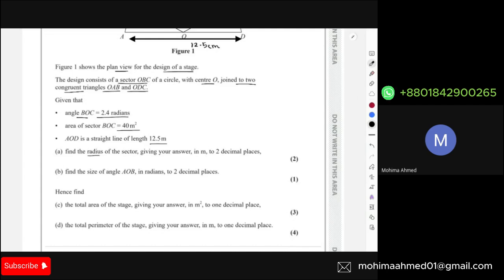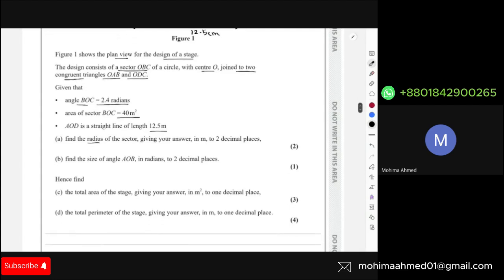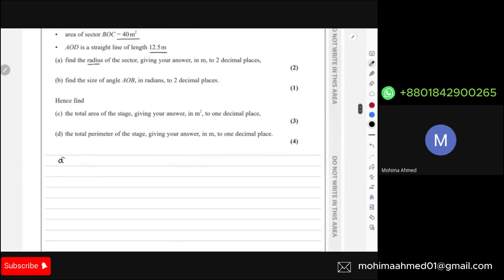I can easily find out the radius of the sector using that area calculation. So for part A, area was given as 40. The area formula is always half r squared theta equals 40. So eventually you're going to end up getting r equals the root of 40 multiplied with 2 divided by 2.4 radians.